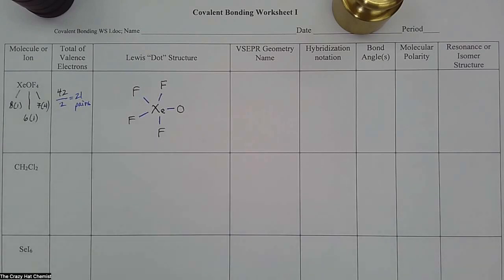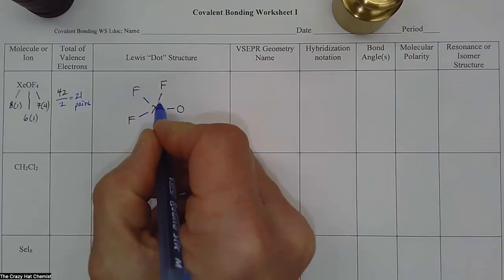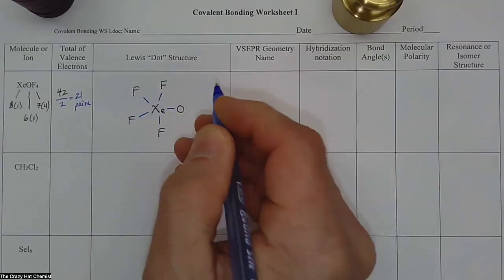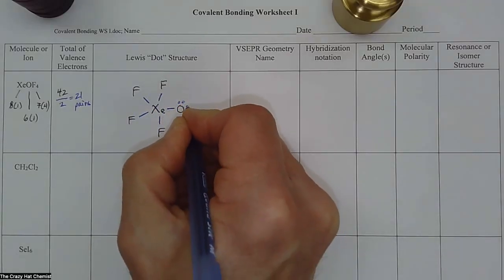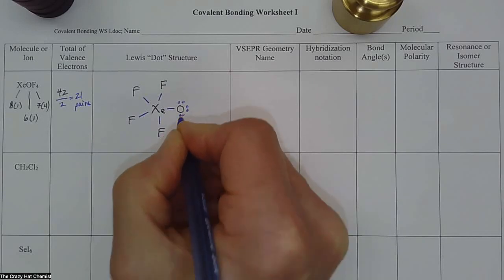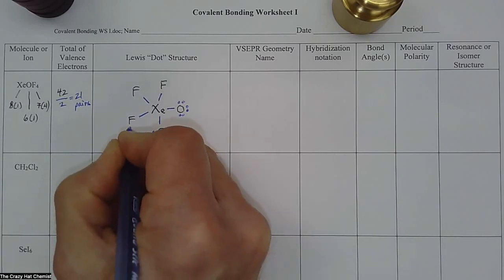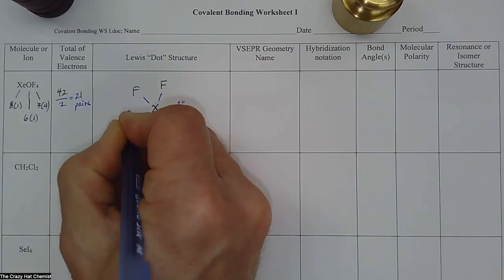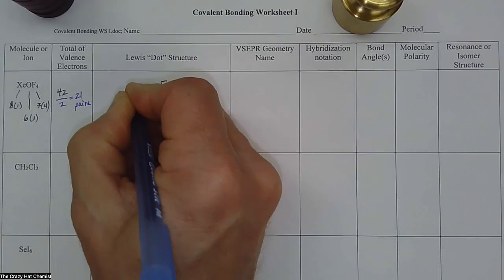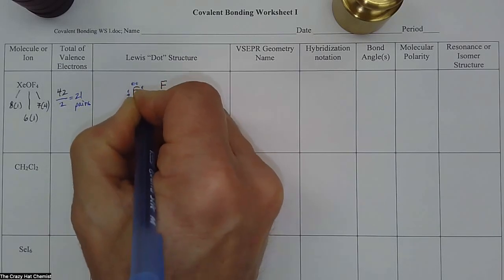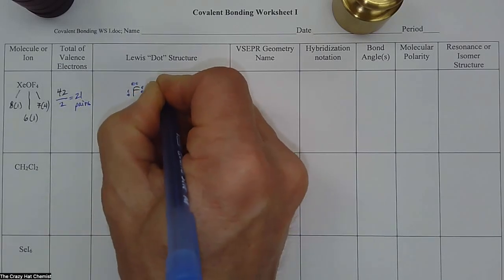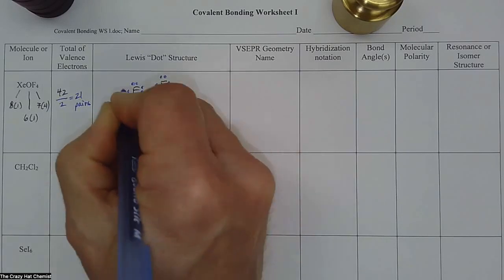So lone pairs on the outside elements. I've used up 1, 2, 3, 4, 5, 6, 7, 8, 9, 10, 11, 12, 13, 14, 15, 16, 17, 18, 19, 20.